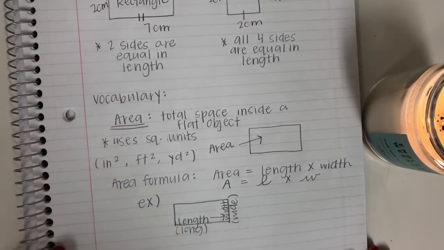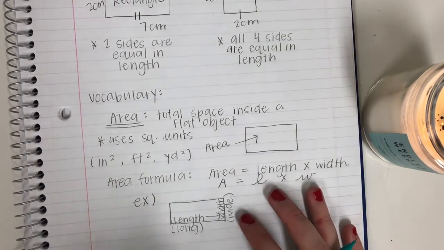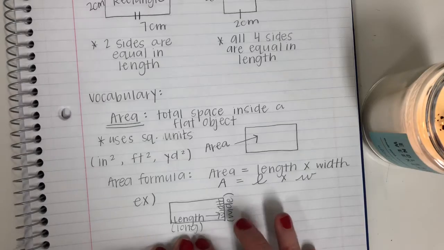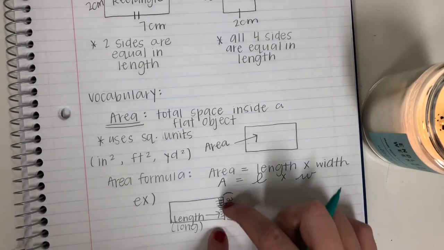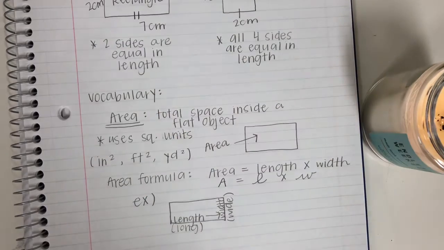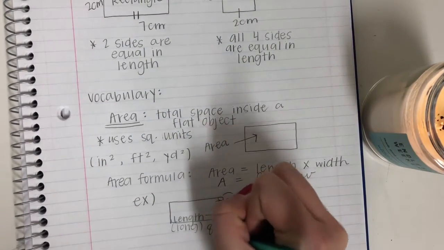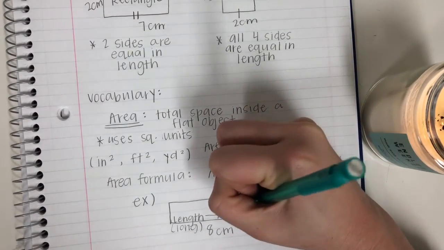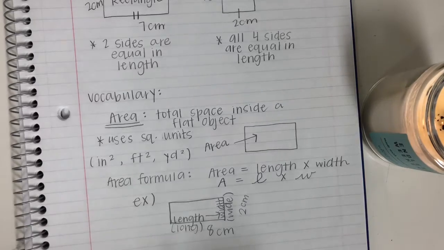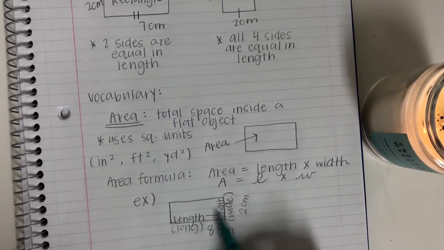So when you're thinking of this, we're kind of looking down on an object. So if we were kind of in the front of this building, this would be kind of what your eyes are seeing, and then if you turn the corner, you would see how wide it was. So when you're doing the area, let's say that the length is 8 centimeters and the width is 2 centimeters. You would just multiply 8 times 2 and that would give you the space inside.